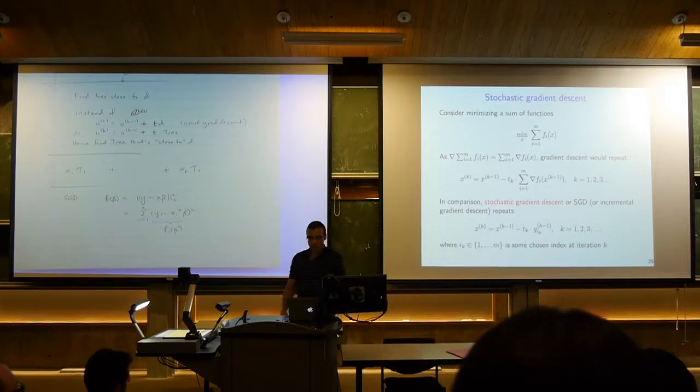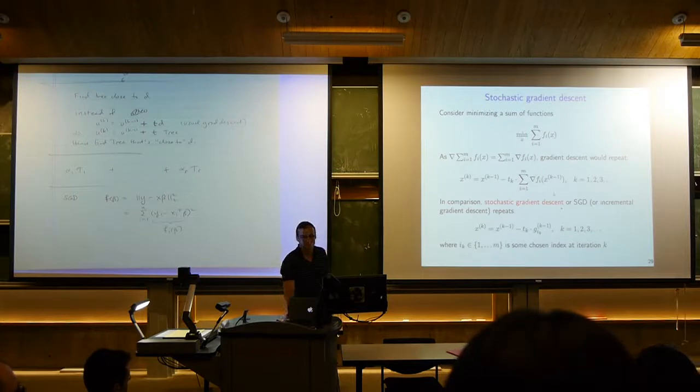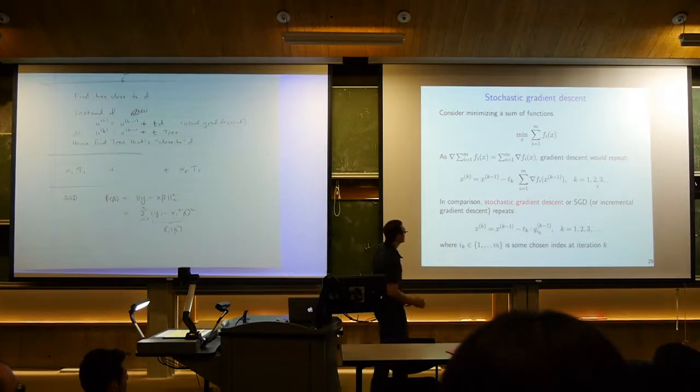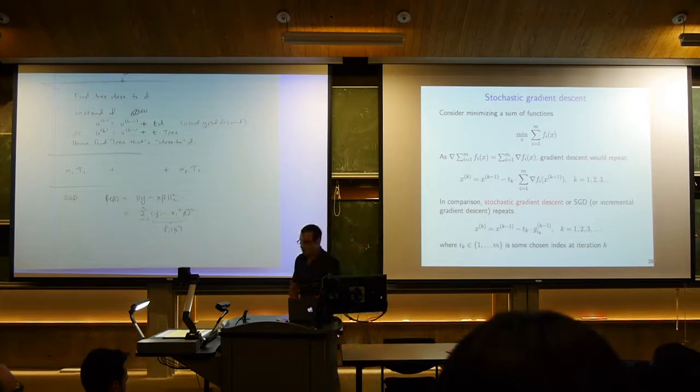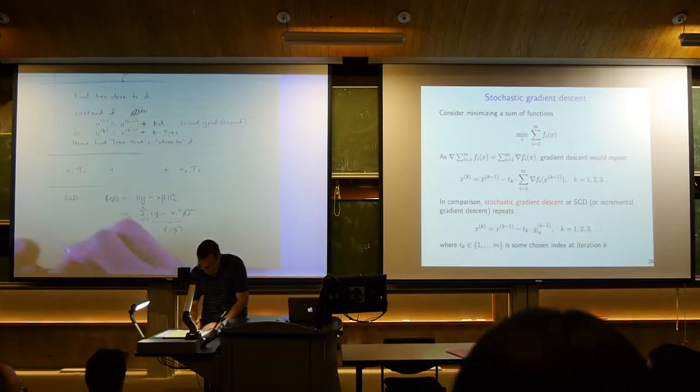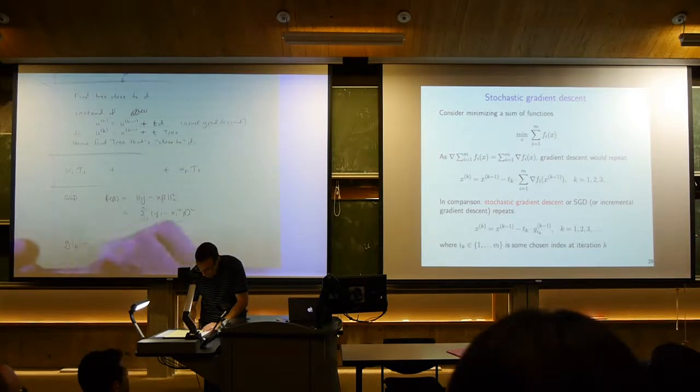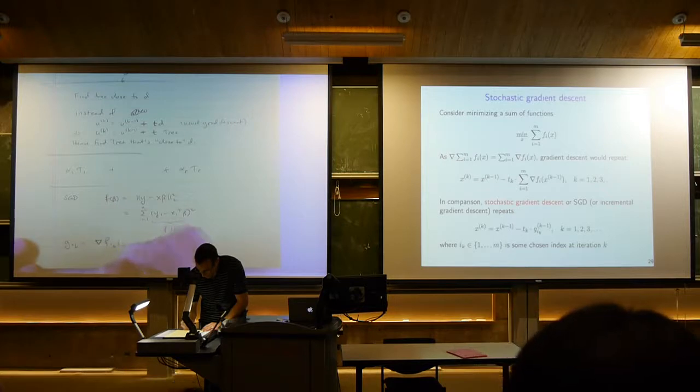So stochastic gradient descent essentially replaces this by, in the language of stochastic gradient descent, an unbiased estimate. In the simplest form, it just takes one term in the sum. I didn't tell you what this g was supposed to be. g_ik is just the gradient of the function f_ik at x.